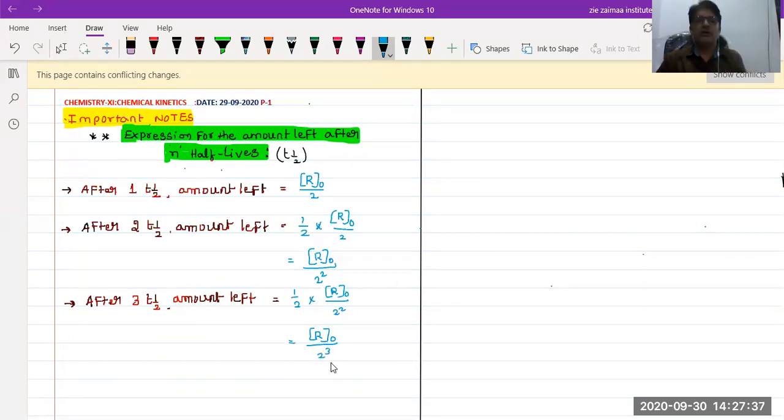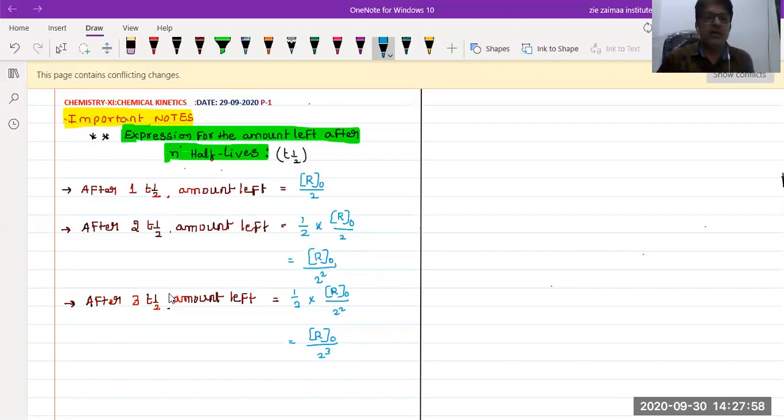That's it. 2 power 3 we can also write in another manner: 2 into 2 into 2, so 8. So this value can also be taken.